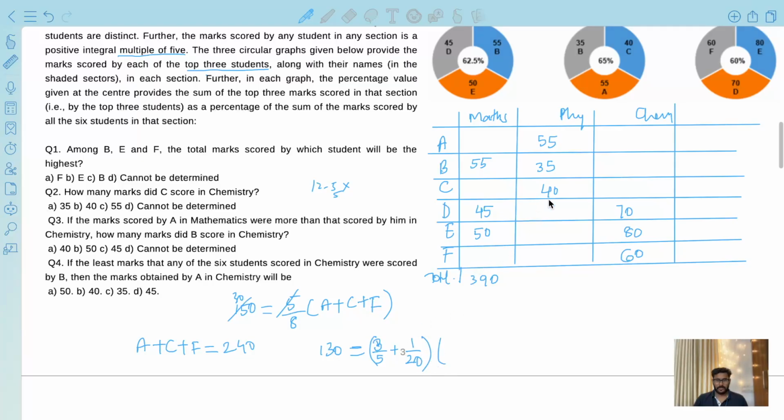So that is 13 by 20. 20, 200. So this is 330, and these people 200.